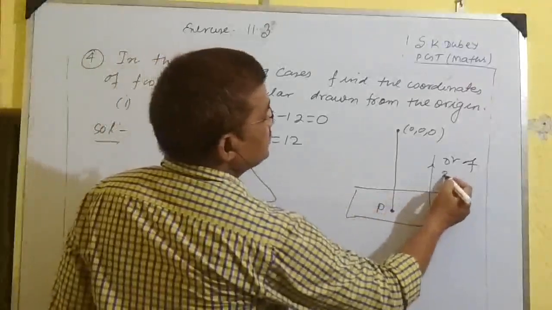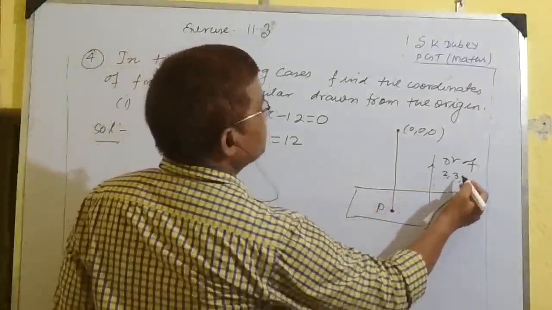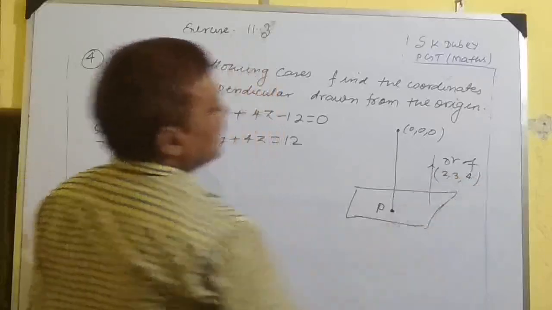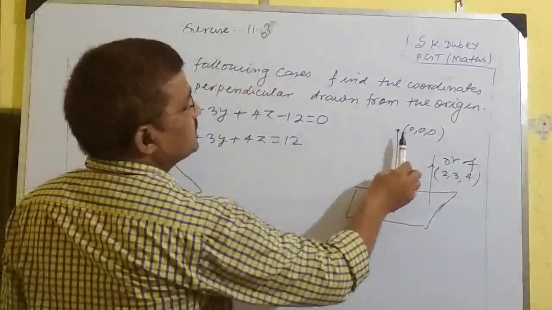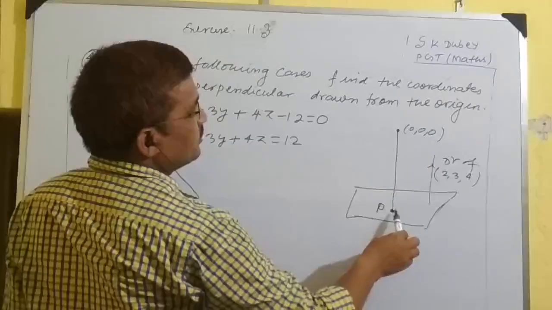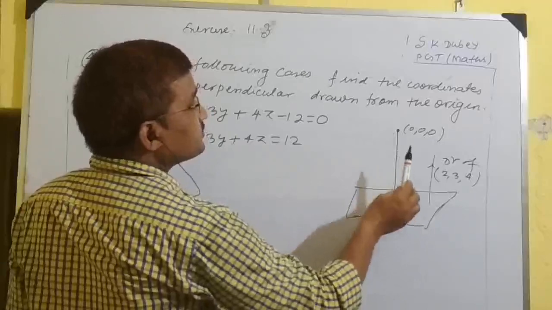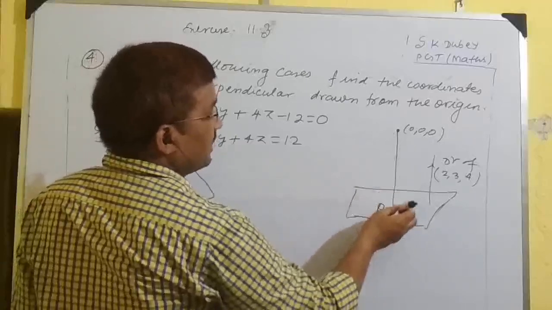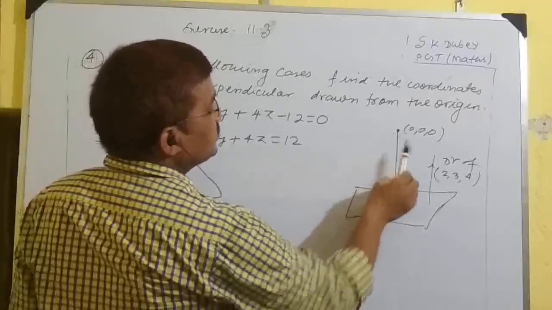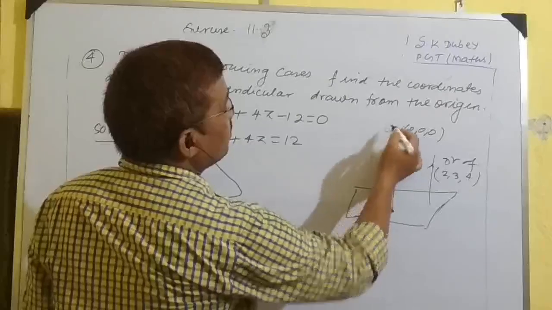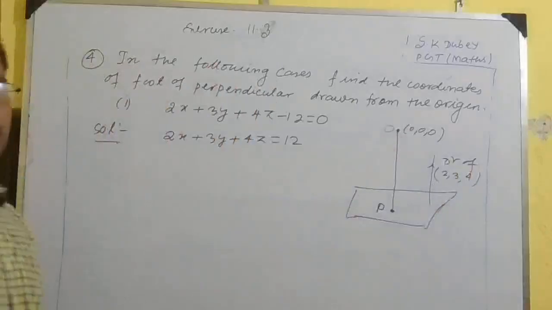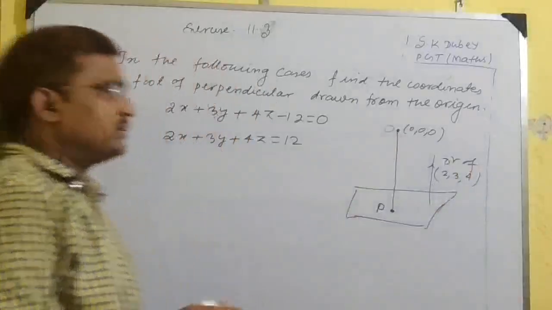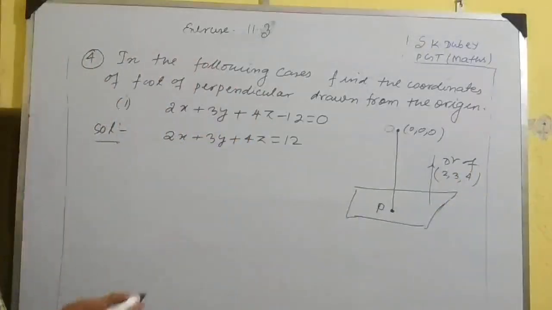The line passing through the origin and perpendicular to the plane is also perpendicular to the plane. Therefore, the direction ratio of this line OP is also 2, 3, 4. As we know that when two lines are parallel, their direction ratios will be the same.